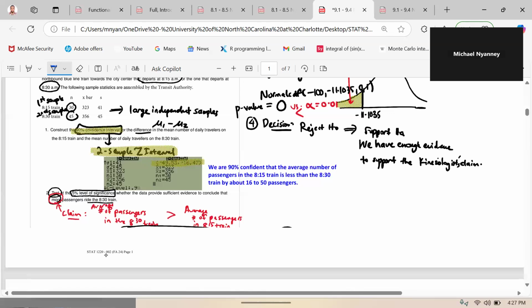So that would be our mu2, and 8:15 is my mu1. I'm explaining this in detail because it's very important to understand it, and that's why I've taken time to explain this part. But I believe in the subsequent ones, I wouldn't take much time to explain it.